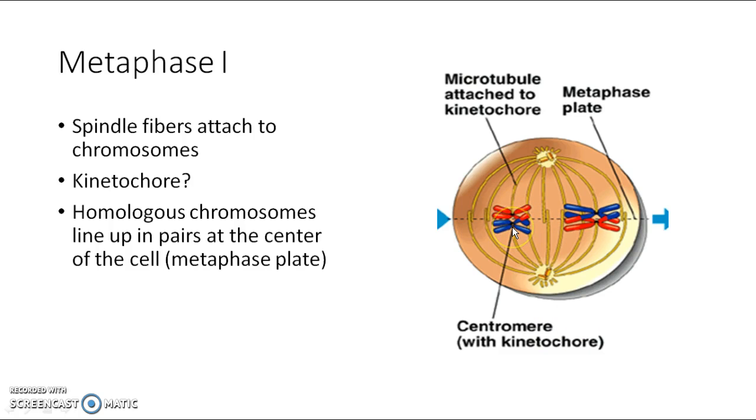It's really just the part of the centromere, which is the middle of the X, where the spindle fibers attach. Notice that they're lining up in pairs, which is different from how they lined up during metaphase of mitosis. During metaphase of mitosis, if we had 4 chromosomes, they'd line up 1, 2, 3, 4 in a single file line along the metaphase plate. So this is different.